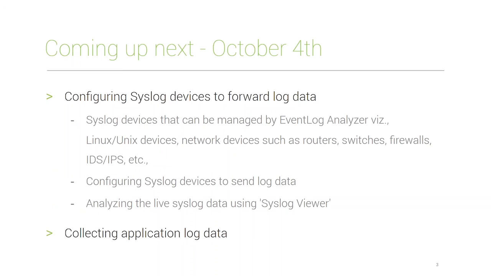Stay tuned with us every week to learn the tips and tweaks of collecting, analyzing, and monitoring log data from all these devices and thereby combating security breaches. Next week we will be discussing the tweaks and tips to collect and analyze syslog and application log data using Event Log Analyzer. But today, we will stick to collecting Windows event log data.